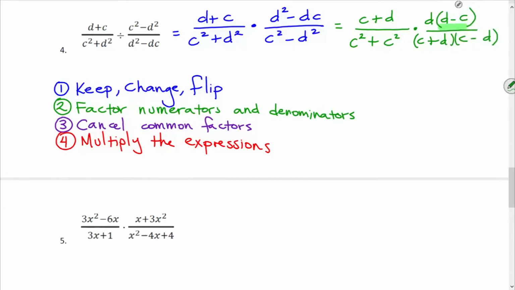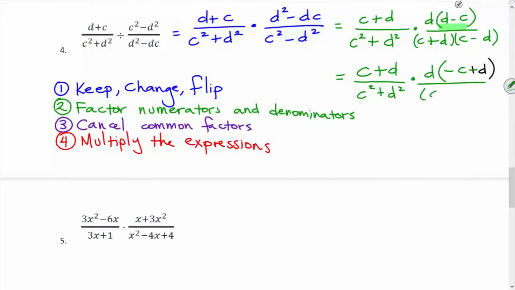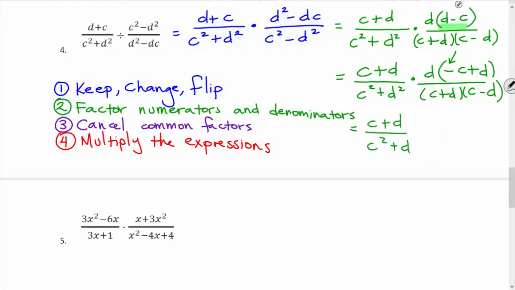And so I'm going to rewrite this, c plus d over c squared plus d squared, times d times negative c plus d all over c plus d, c minus d. And so next I'll factor out this negative right here so that I can get it into c minus d format. So let me rewrite most of this.